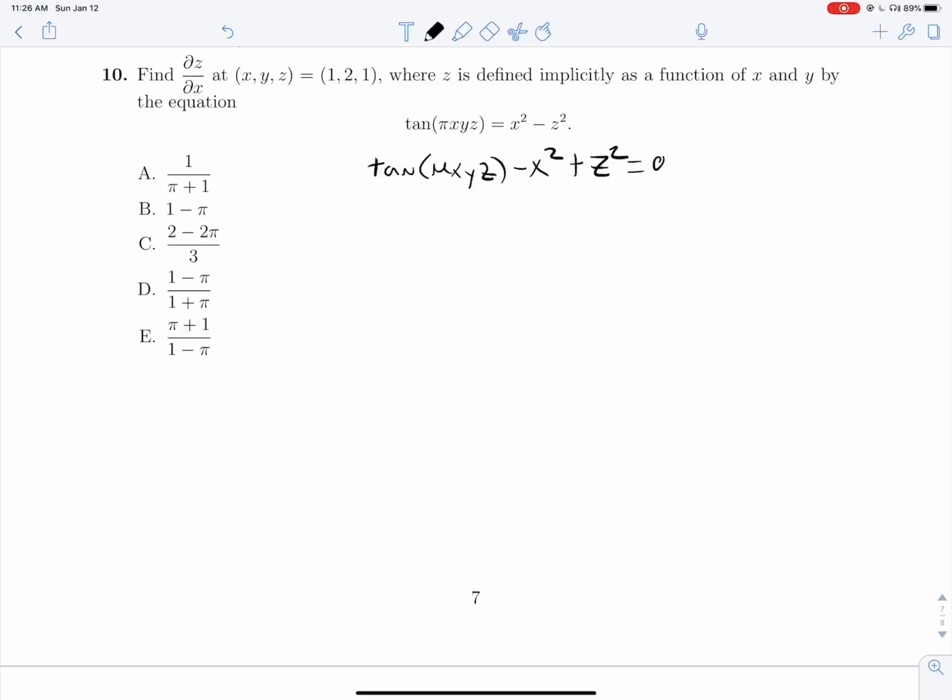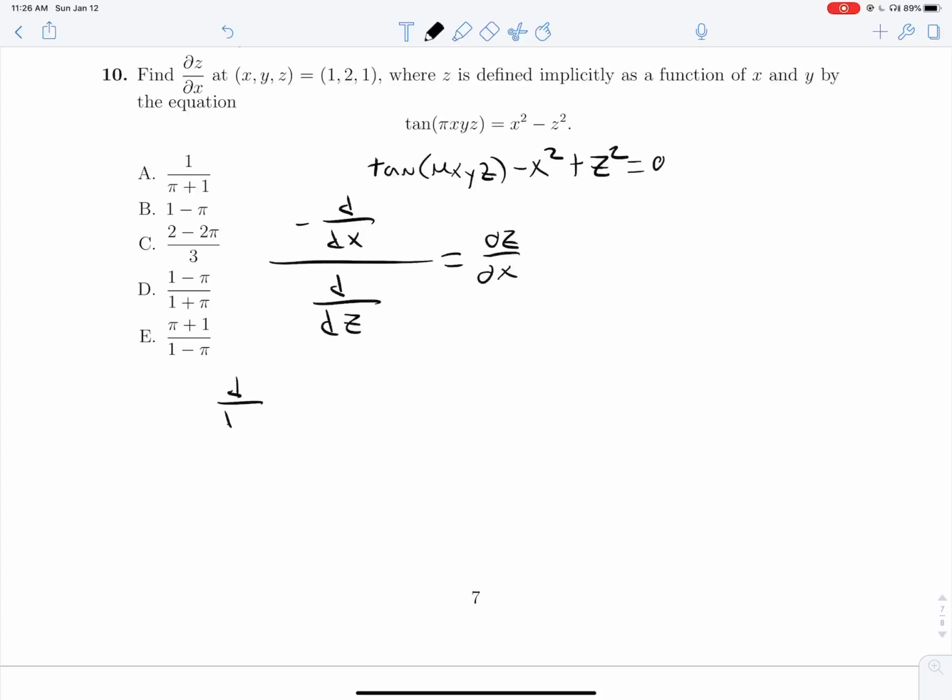And then we can take this whole thing and apply the equation that we like to use for this implicit differentiation thing, where in this case we are going to be looking for dF/dx divided by dF/dz, and that will give us partial z partial x, which is what we're looking for.